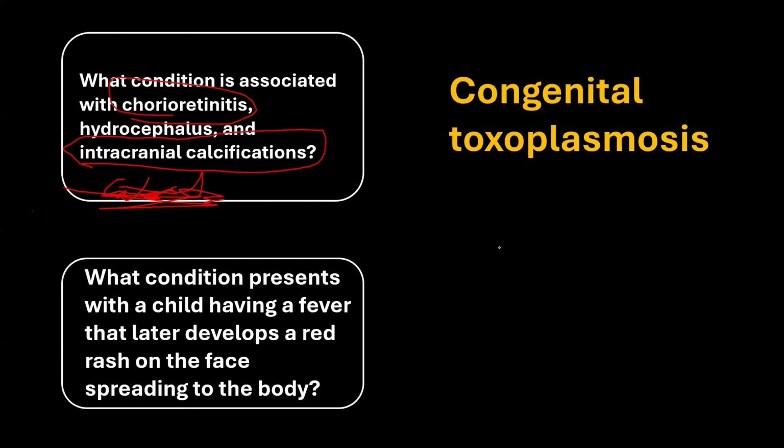All right, what condition presents with a child having a fever, then later developing a red rash on the face spreading to the body? Measles is a good thought, but this one is a fever first and then a rash. So I'm not going with measles here. Rubeola, is that measles as well?